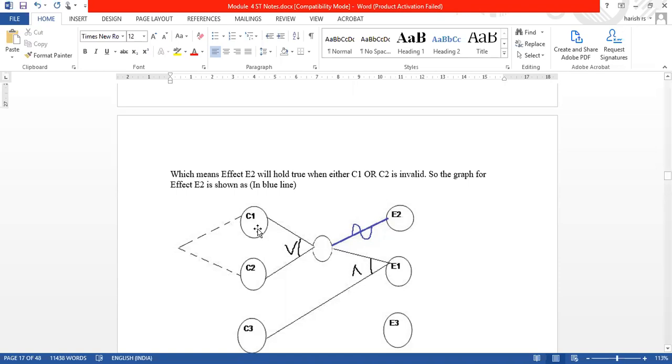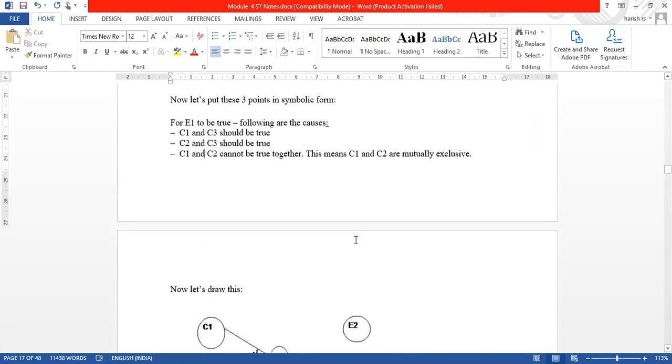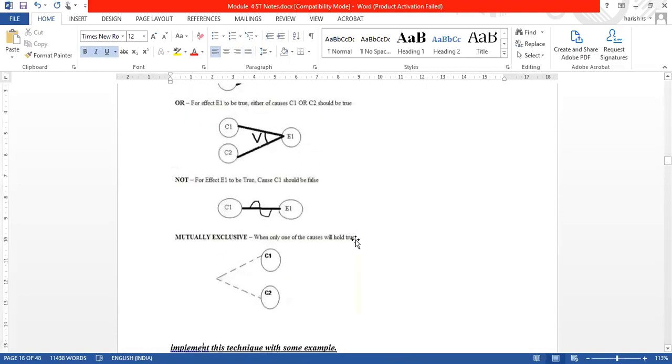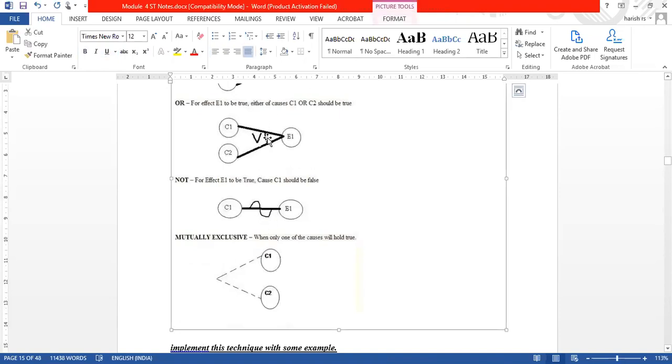So C1 is there, which is the character A. C2 is there, character B. If these both are true, which we have seen in our previous case, if this does not exist, because we have seen that the not symbol is represented like this. You want me to show that again? See here. To represent a not, we have a symbol like this. To represent or, it's like this.